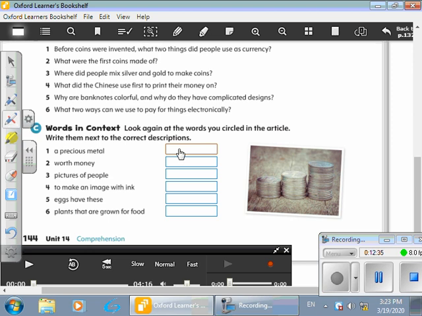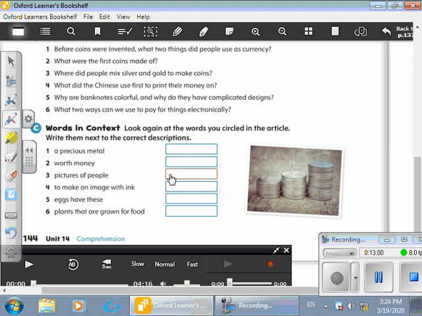Yes, silver. A precious metal, silver. Worth money, something that's worth money, something that is very expensive and has a very big value. Very good. Valuable. 2. Valuable.